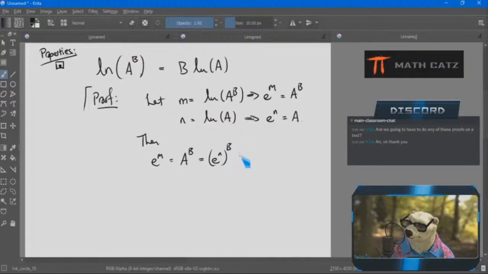So e to the n to the b is e to the n times b, or b times n. And again, I have a basic exponential equation, so the two exponents have to match. So m is equal to b times n, and I get my top property.